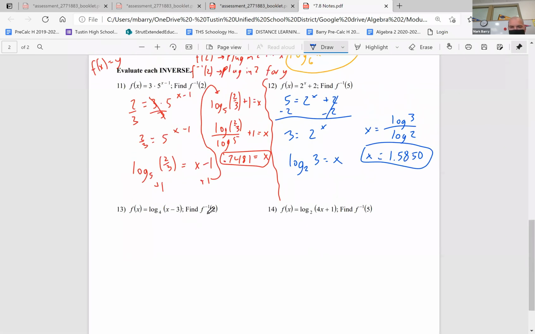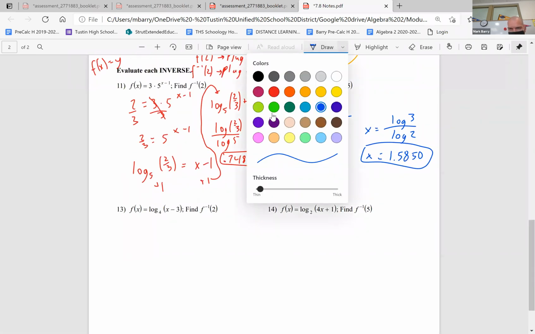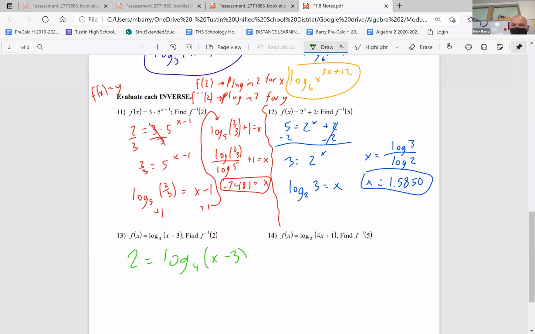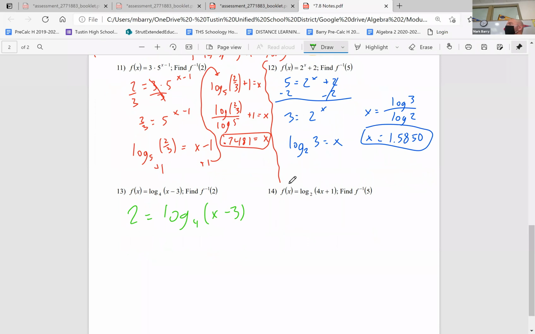All right, so number 13, similar idea here, okay? So it says f inverse of 2. So I'm going to plug in 2 for y. Now I need to isolate x.